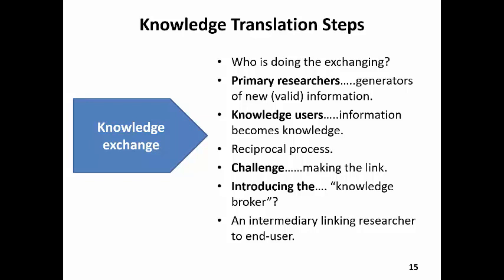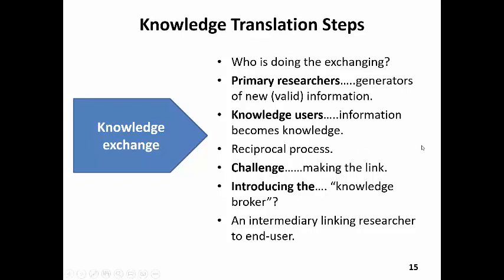A real estate broker is a person that makes the link between a person selling a property and a person purchasing the property. So although the real estate broker doesn't own the property, they're not buying the property, but they serve as an intermediary in linking the seller with the buyer.